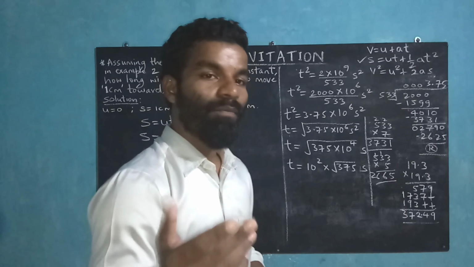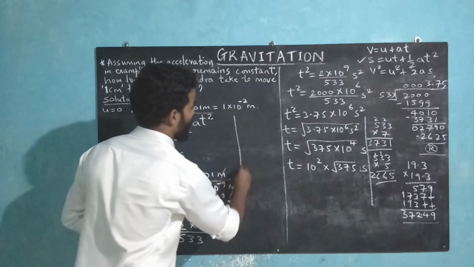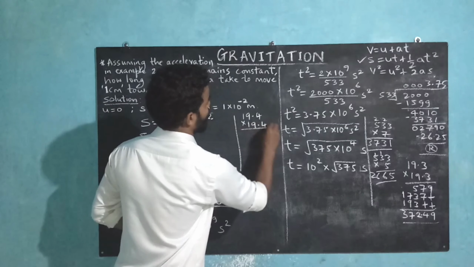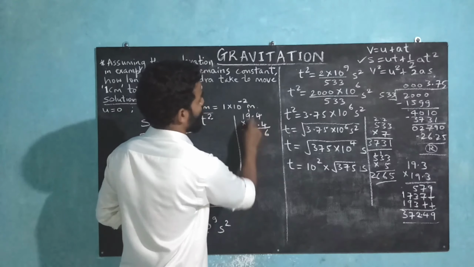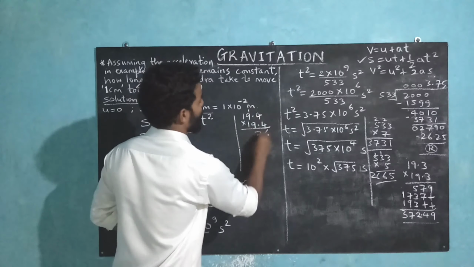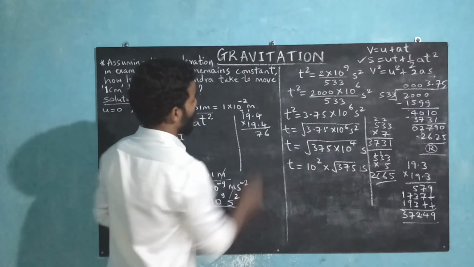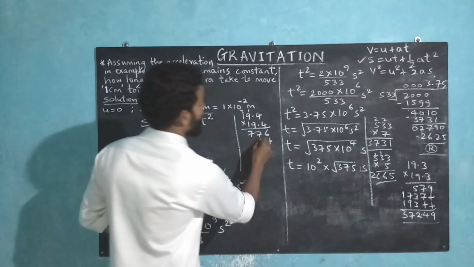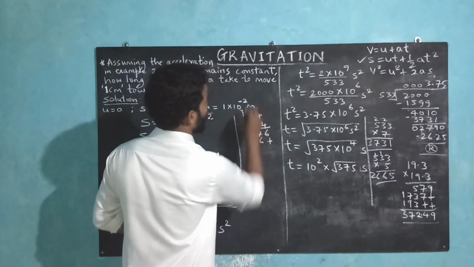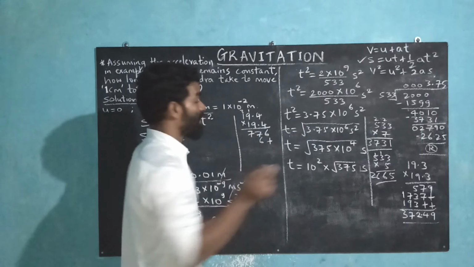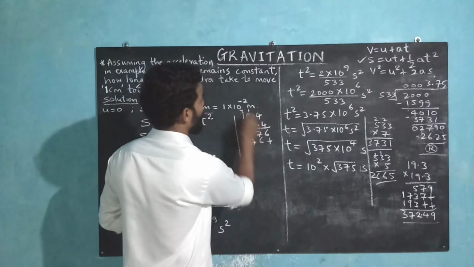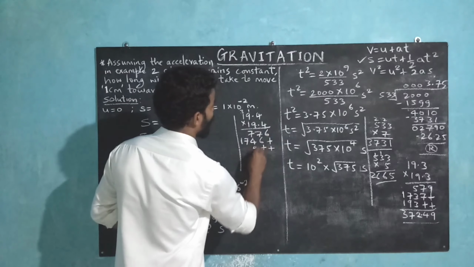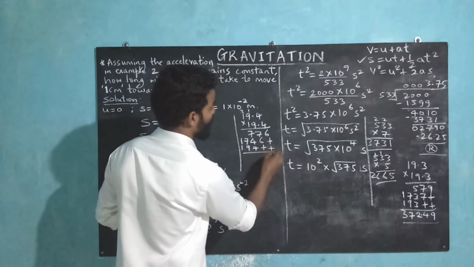Let's try 19.4. So I'll do it here. 19.4 into 19.4. So 4 4s are 16. Carry 1. 9 4s are 36 and 1, 37. Carry 3. So 4 1s are 4 and 3, 7. Plus 9 4s are 36. Carry 3. 9 9s are 81 plus 3, 84. Carry 8. 9 1s are 9 again, 17. And then plus this 4, 9, 1. What answer will you get for this?